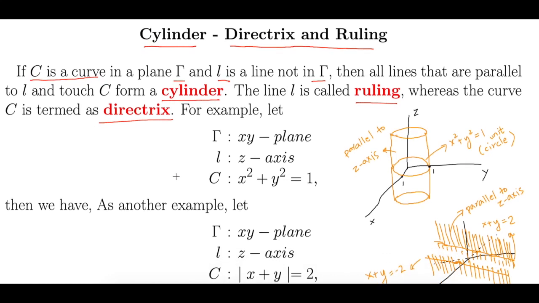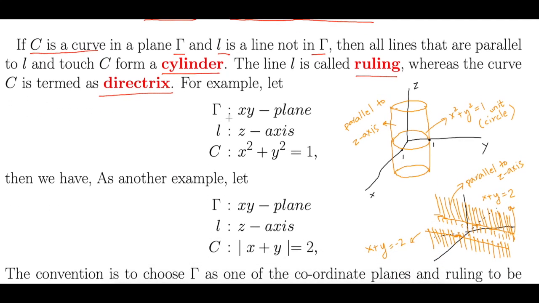So let's see an example here. Our first example is that our plane is the xy plane, our ruling is the z-axis, and our curve is the equation of a circle. This is a circle with a radius of 1. So the cylinder will be our well-known cylinder which has a circle as its base and perpendicular lines around it.